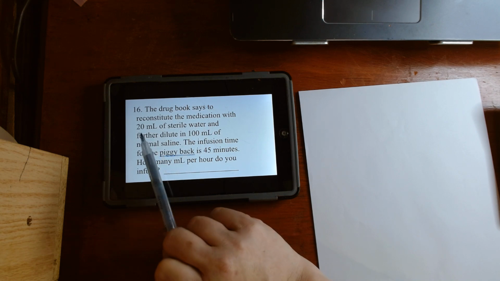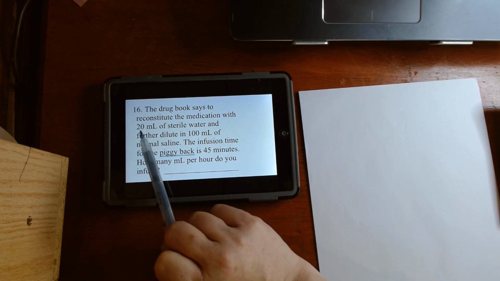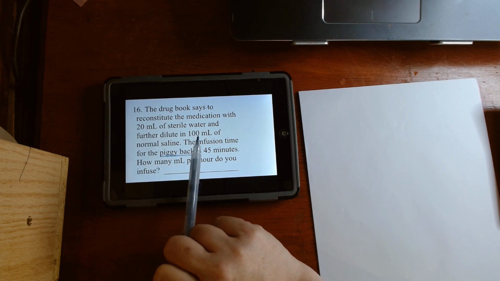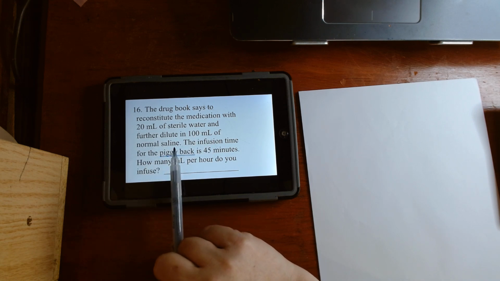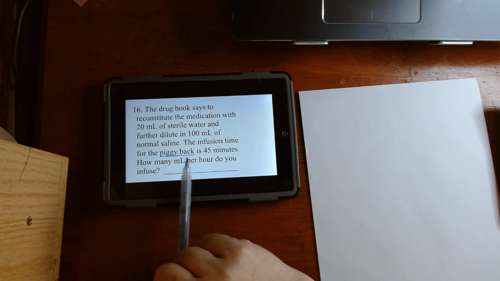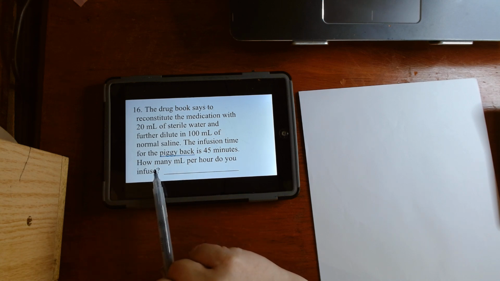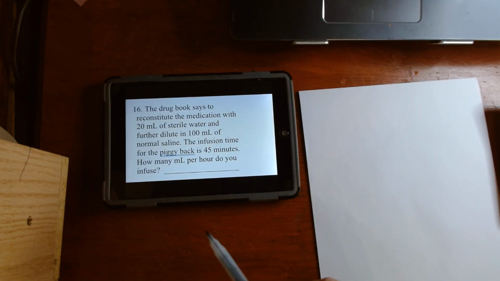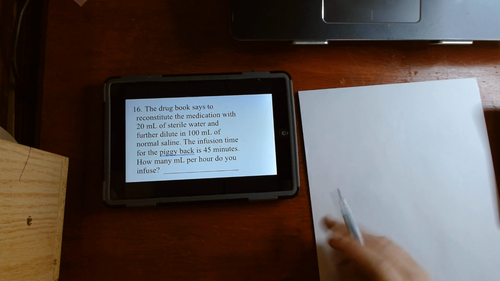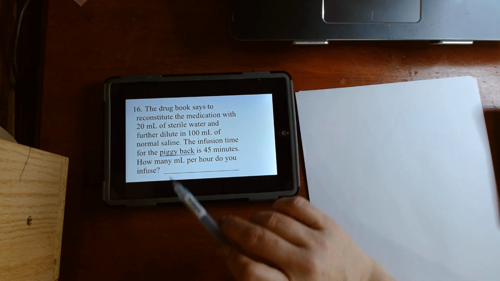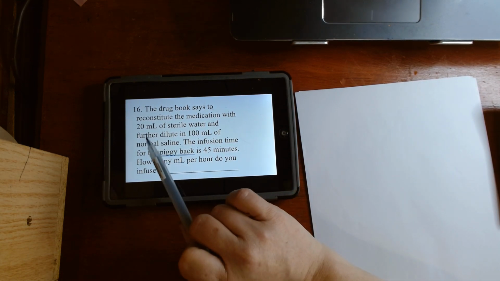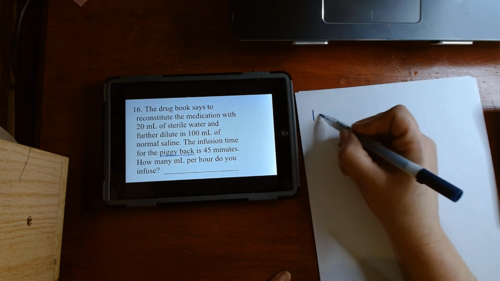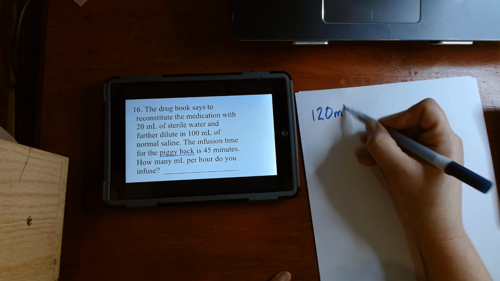The drug book says reconstitute the medication with 20 milliliters of sterile water and then further dilute in 100 milliliters of normal saline. The infusion time for that piggyback is 45 minutes. How many milliliters per hour do you infuse it? See, they don't have a name for any medicine because you really don't need the name. But you're going to take 20 milliliters and add it to 100, so your total volume will be 120 milliliters.